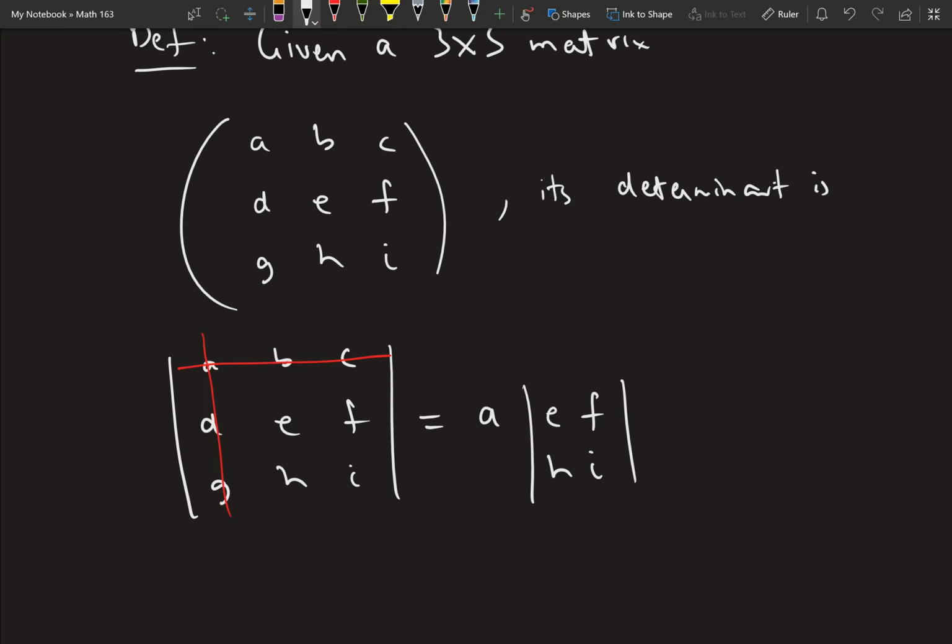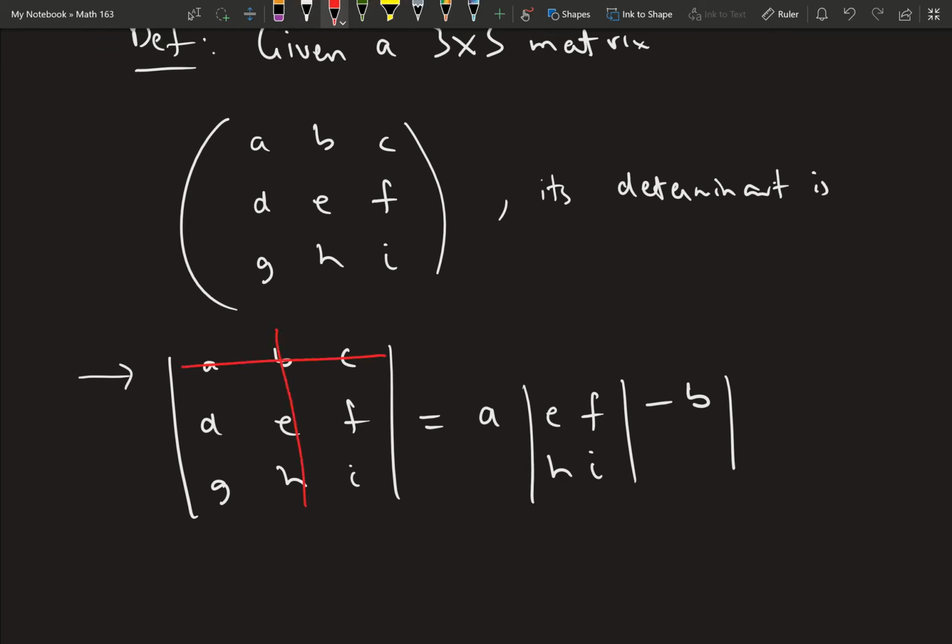And then we're going to go to the next item in that row. We're sort of expanding about this row ABC. So we're going to have a minus B. We always alternate signs. So it's positive A times what's called a minor matrix, determinant of the minor, minus B times, cross out the corresponding column, cross out the corresponding row.